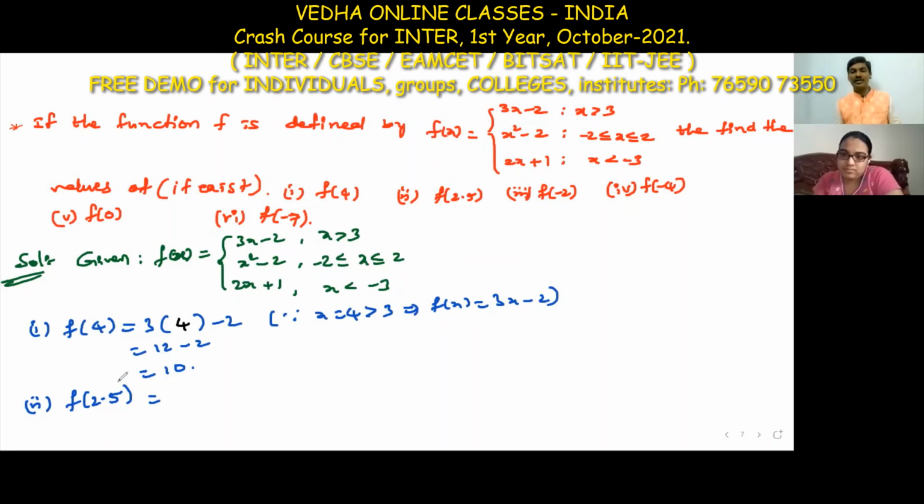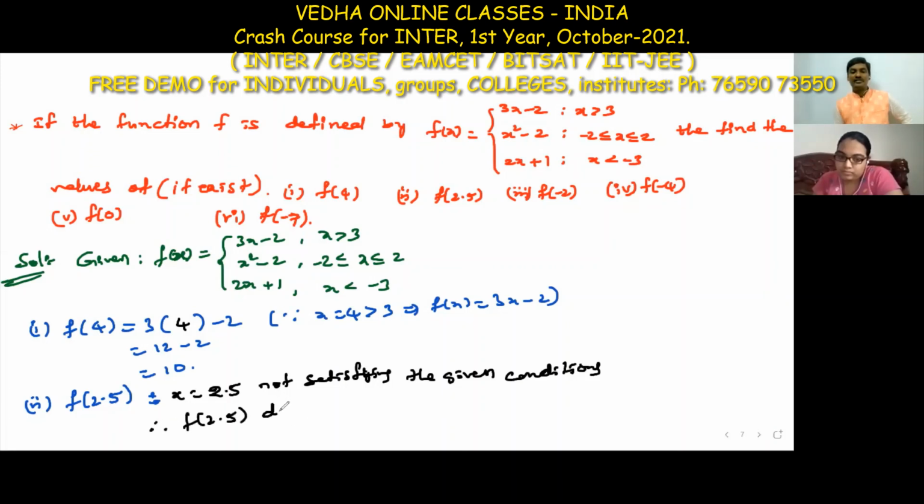No. So it does not exist. 2.5 does not satisfy the given condition. Therefore f of 2.5 does not exist, right?